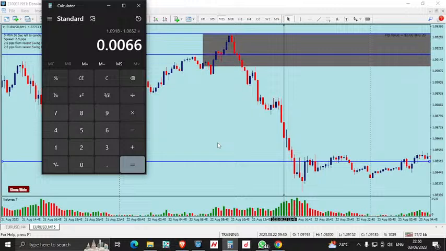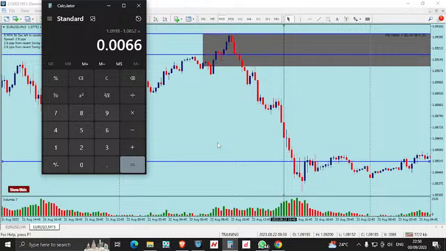But for a beginner, if you are trading EUR/USD, you can trade with 0.03. 0.03 means that one movement will give you 3 cents. So by the time you get about 50 movements, that will be $15.